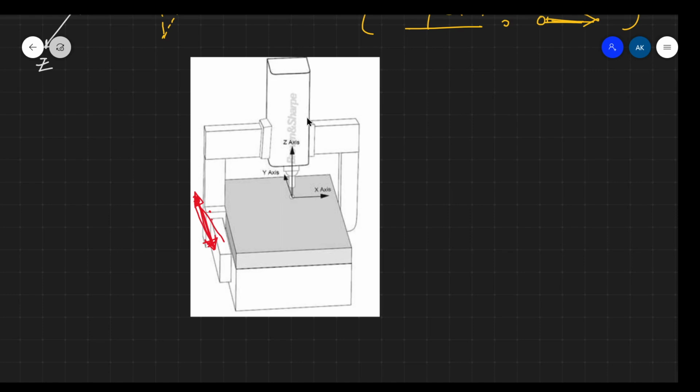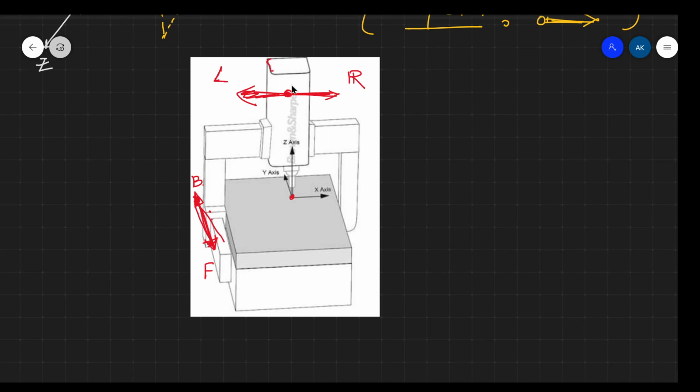Similarly, this entire structure is free to slide left to right. So it can go left, go right, come front, go back. By that you can see the probe head can cover the entire workspace of this machine.